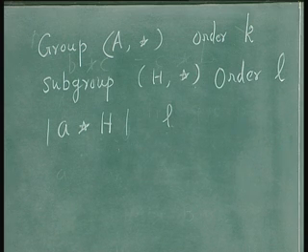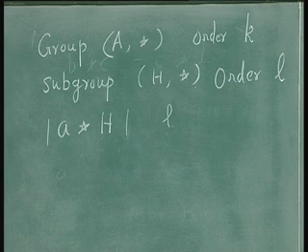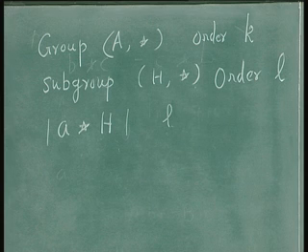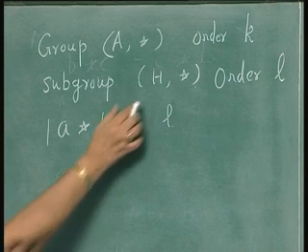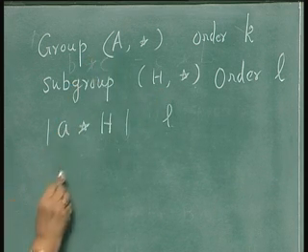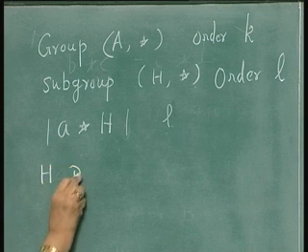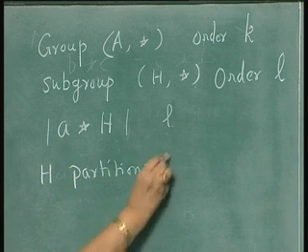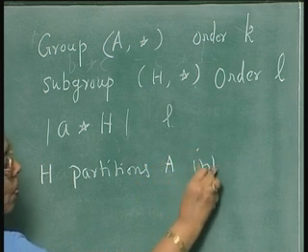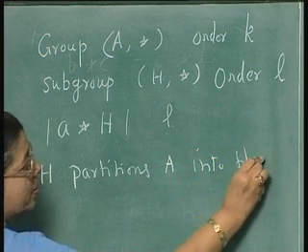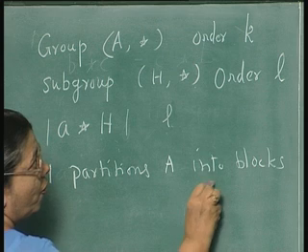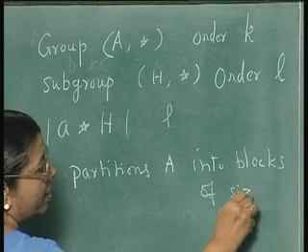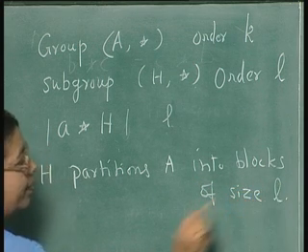And we know from the previous result that the left cosets are either disjoint or identical. So, what H does is H partitions A into blocks of size L.